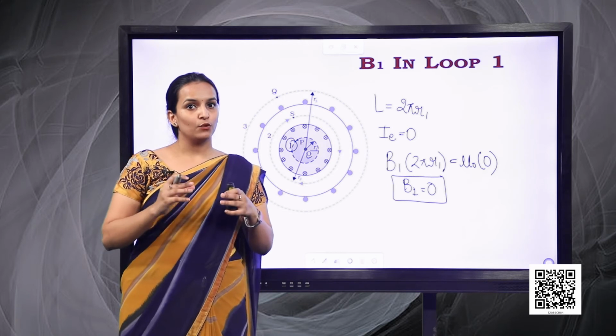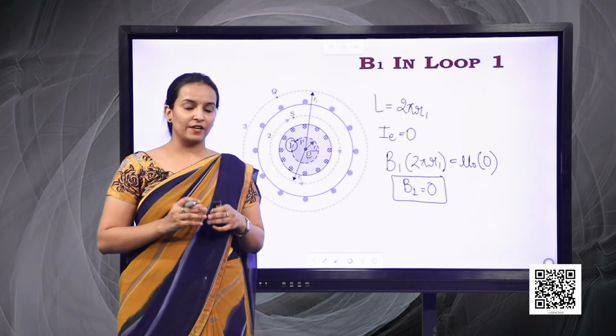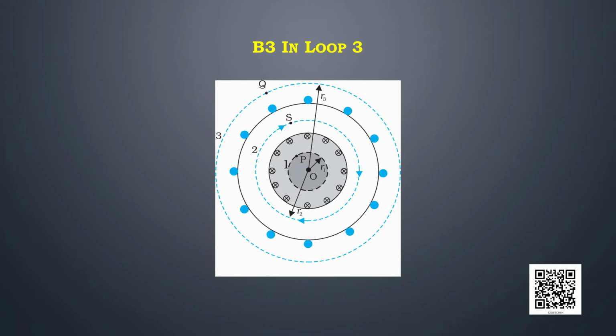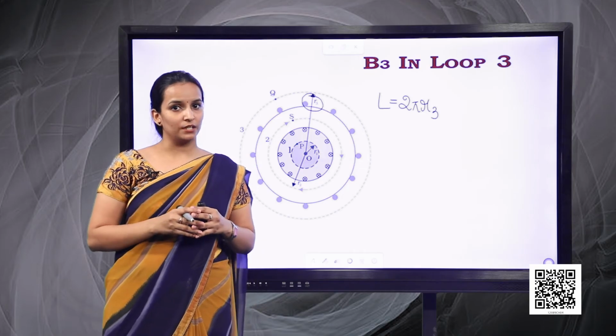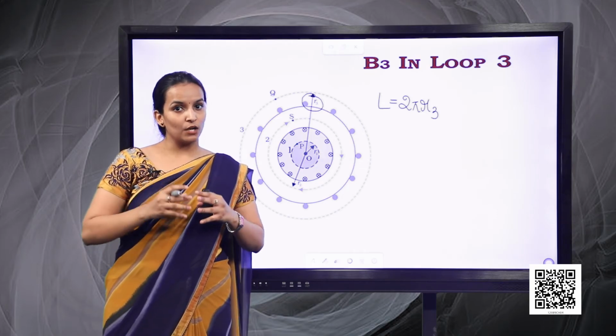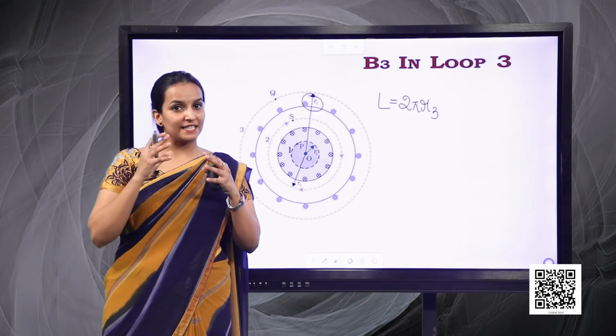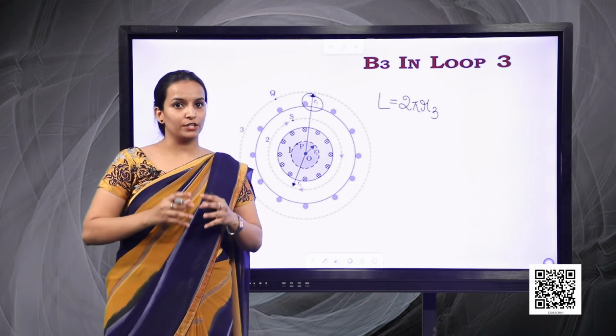Moving forward, we will find the magnetic field at Q. Let the magnetic field along loop 3 be B3. Here, L will be given by the circumference of the circle having radius r3. As we have discussed earlier, the current coming out of the plane is cancelled exactly by the current going into the plane.